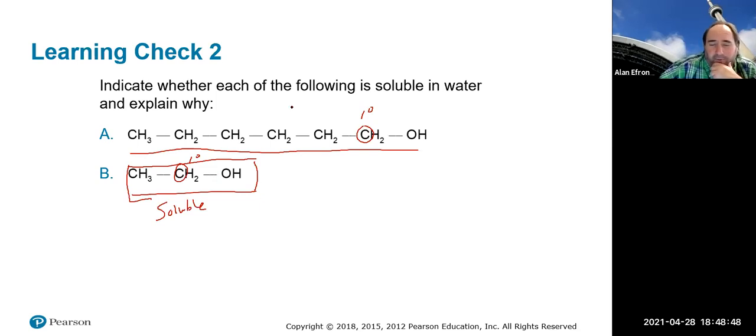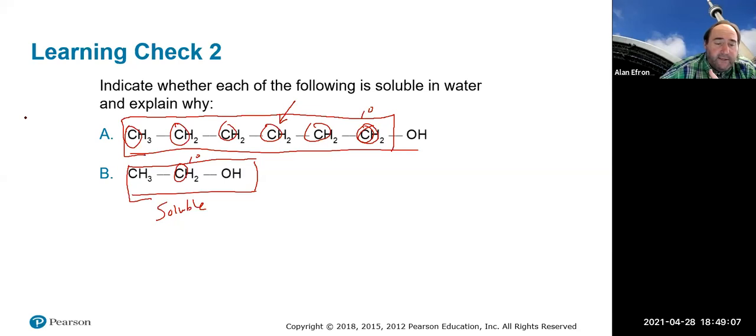But remember, right around that 5 to 6 carbons is when we start to see it becoming more insoluble and not really mixing. And here we've got 1, 2, 3, 4, 5, and 6 carbons. It's just for the fact, as we were just talking about, that we have built out this big nonpolar part of this alcohol. And again, it leaves a very small opportunity for this guy to interact well with water.